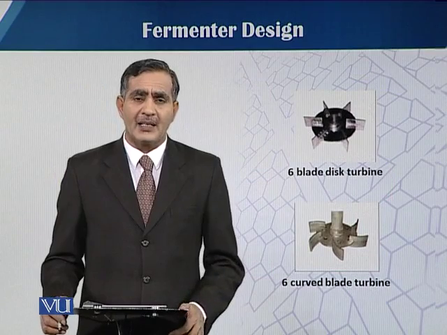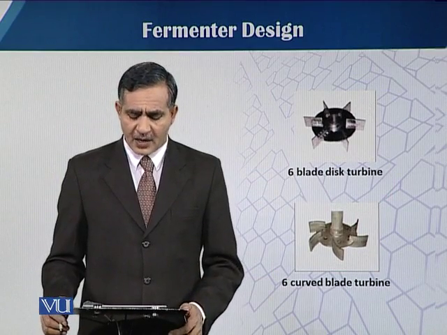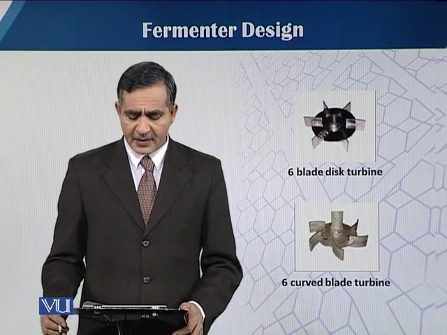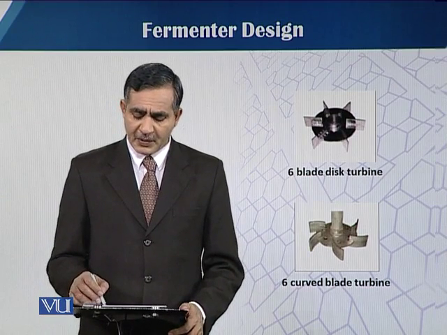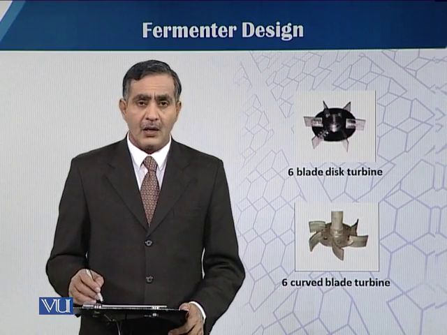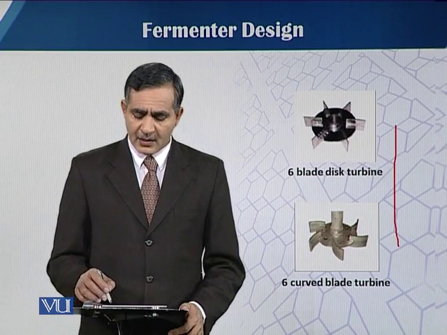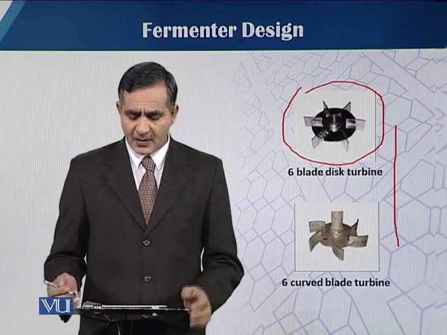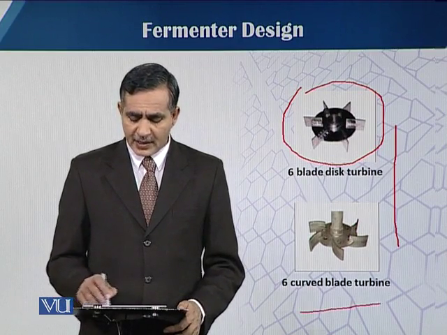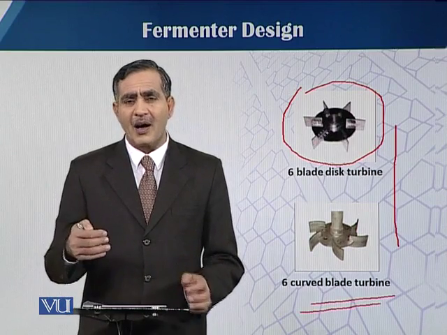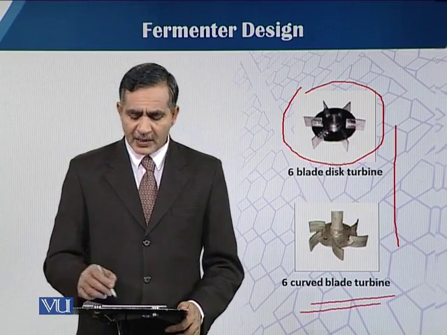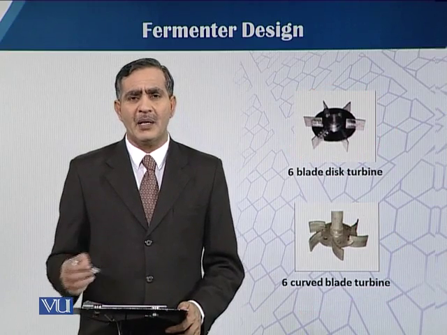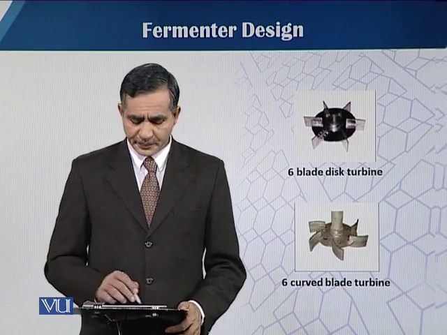Here you can see three-dimensional diagrams of a 6-blade disc turbine and a 6 curved-blade turbine. The difference between these two is that this turbine has straight blades, but in the lower case you can see a curve in the blades. It is a minor difference, and both categories mostly come under radial flow impellers.